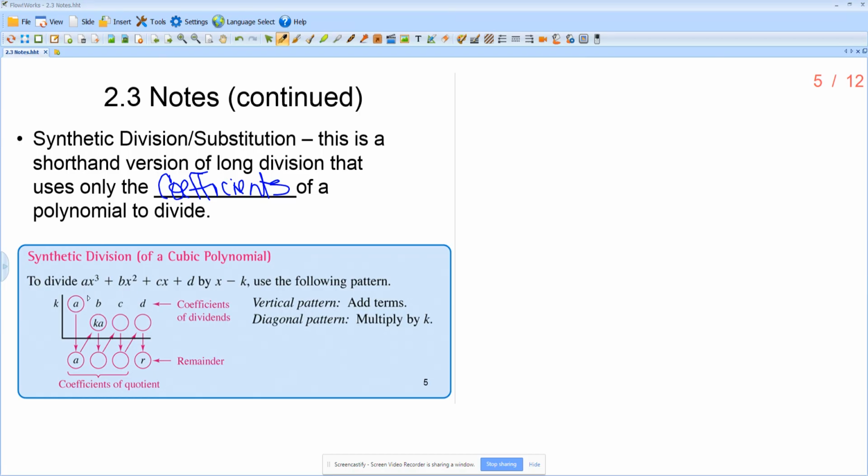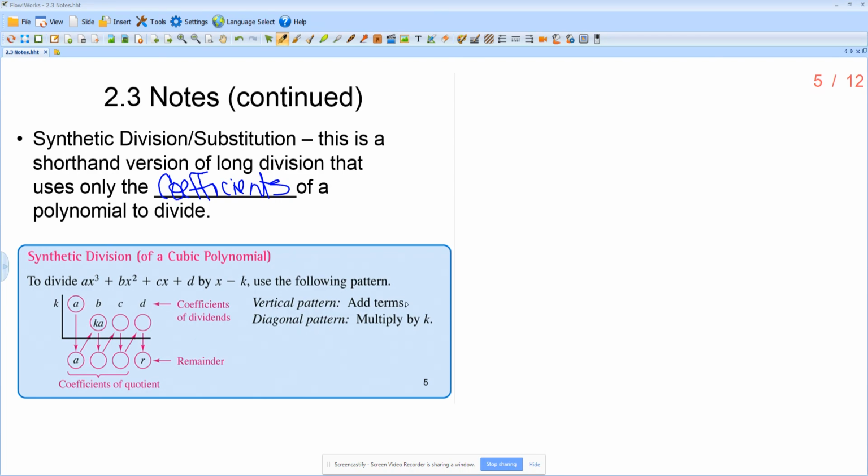Synthetic division, if I have ax cubed plus bx squared plus cx plus d, where a, b, c, and d just represent coefficients, and it's being divided by x minus k, we use the following pattern. So we list our coefficients. We bring down that first coefficient. And then the process that we follow is we do k times a and bring that up here.